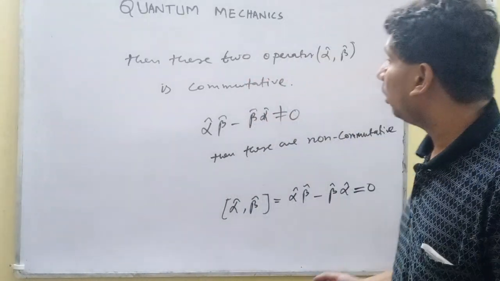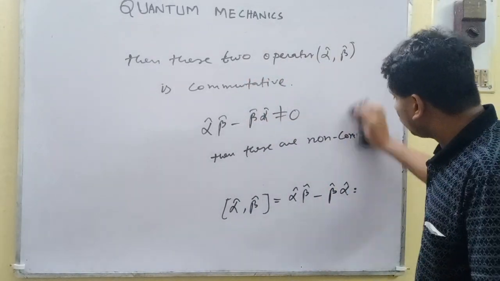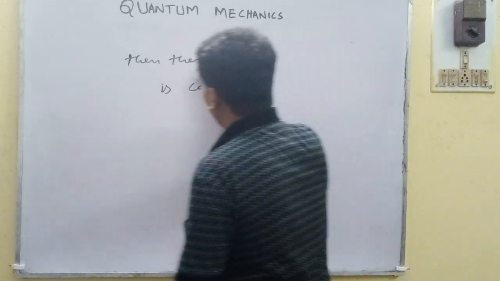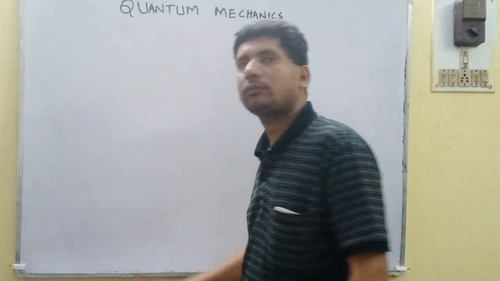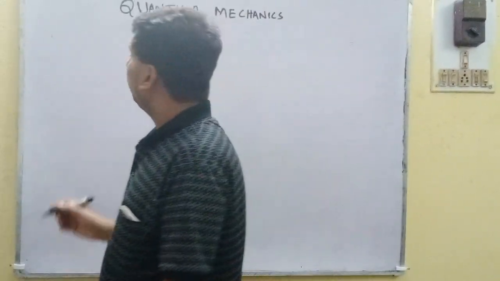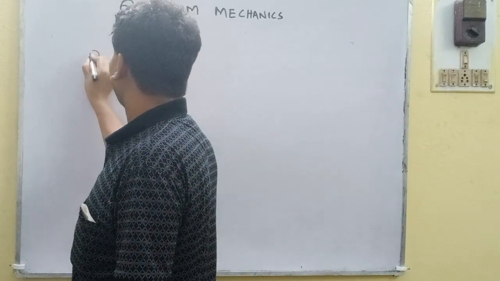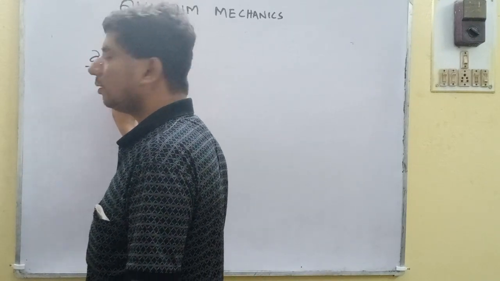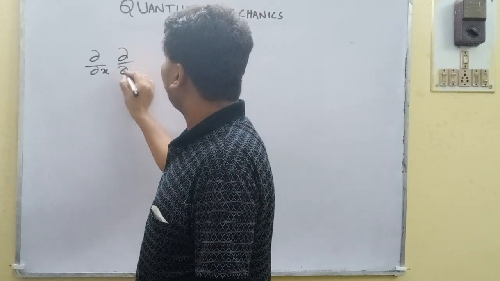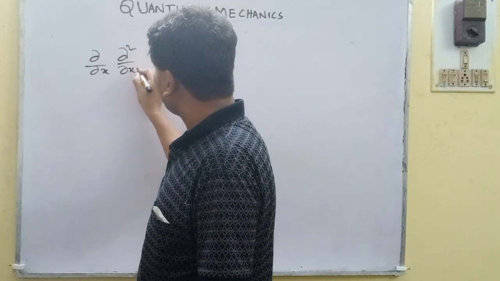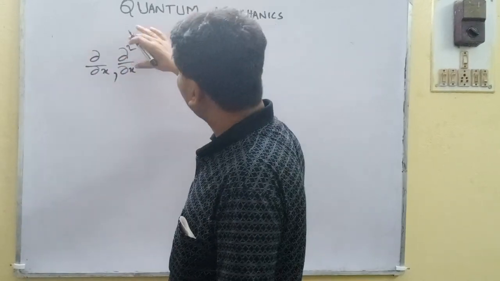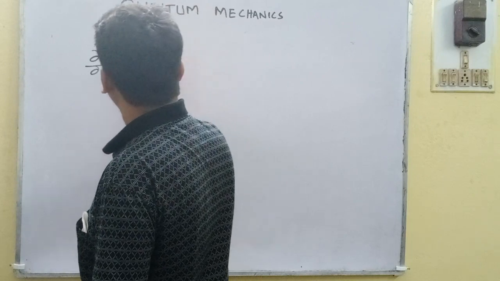So now we can use some real examples instead of alpha and beta. What happened? Let us consider the del by del x operator and del 2 by del x 2, this is alpha and this is beta.